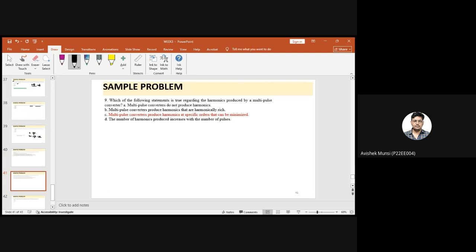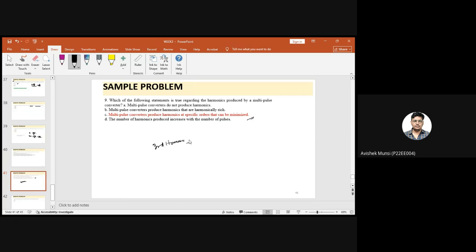The multi-pulse converter will produce harmonics at specific orders, which can be minimized. For example, in a converter we generally try to remove the third and fifth harmonics, the odd harmonic components that will produce unnecessary noise in your converter.